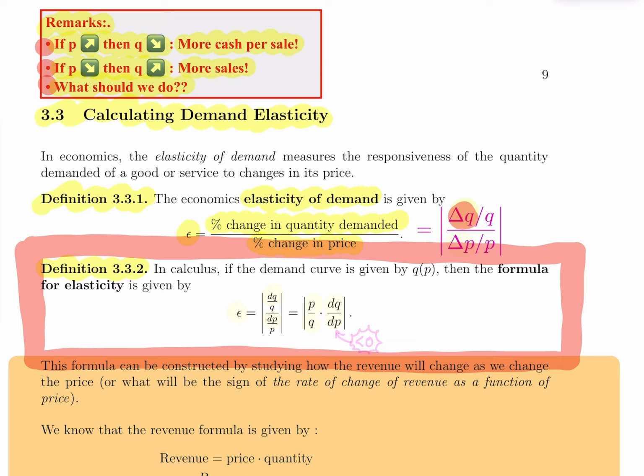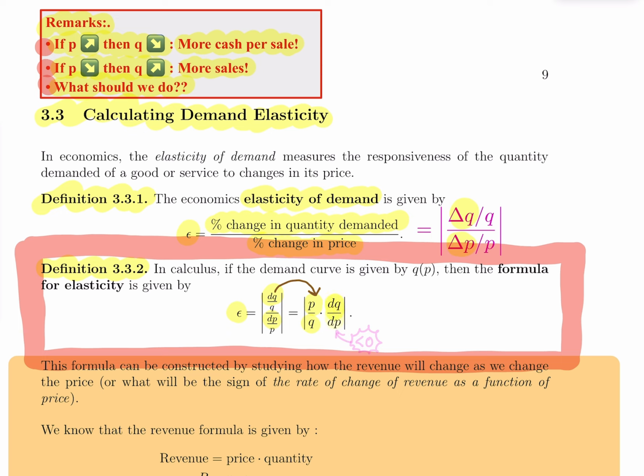So that delta Q here will be replaced by dQ, and the delta P is going to be replaced by dP. And now you have those two fractions that you can rearrange. So when you divide by a fraction, you can multiply by the flip of that fraction, and you can rearrange this elasticity equation as price over quantity, these values are of course positive, times dQ/dP.